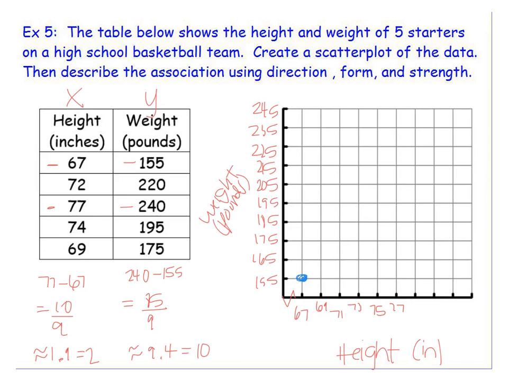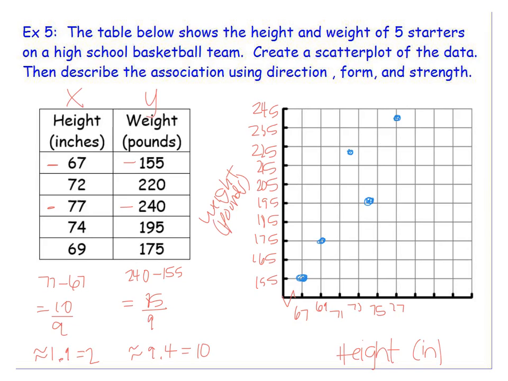At 72, which is in between 71 and 73, I need to go up to 220, which is in between 215 and 225. 77, I need to go up to 240, which is between 235 and 245. 74, which is between 73 and 75, I need to go up to 195. And 69, I need to go up to 175. And so there's my scatter plot.